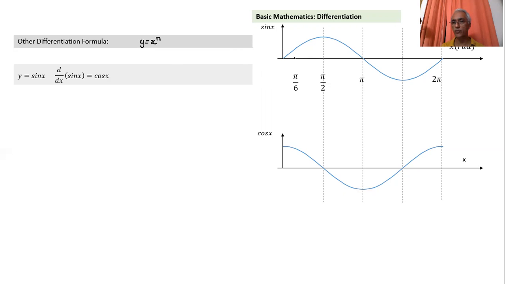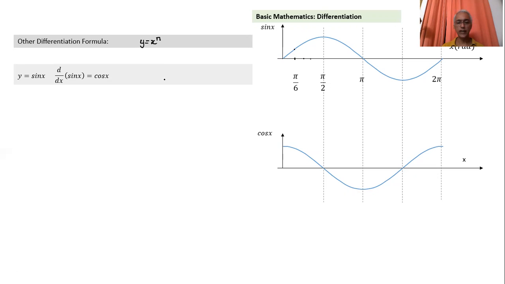I know pi by 6 is equal to 30 degrees, and sin of 30 is 1 by 2, so this value is 1 by 2. Similarly, for different angles, I can read the value of sin of a particular angle from a table or from a calculator. We can plot this graph, and we have seen it earlier also. This is the sine function graph, with the angle on the x-axis and the corresponding sine of that angle on the y-axis.